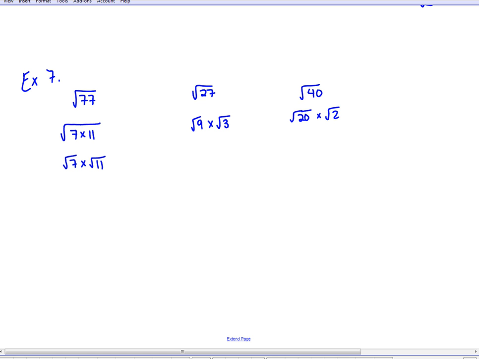What else could we do? You could go root 10 times root 4. Is there any other ones? 5 times 8. Any other ones? I don't think so. That's it. Okay? All right.